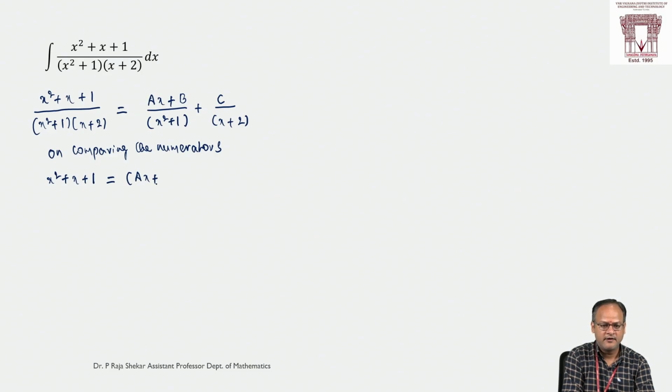Right hand side, it is ax plus b into x plus 2 plus c into x square plus 1. So it is just cross multiplying ax plus b to x plus 2 and c to x square plus 1.